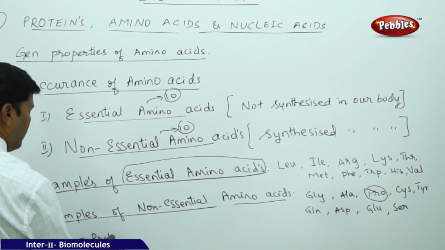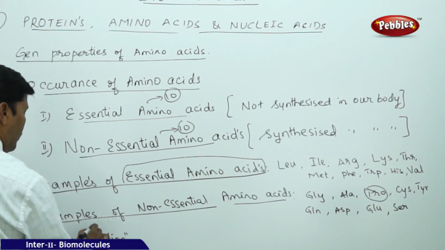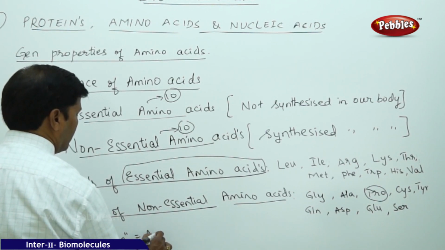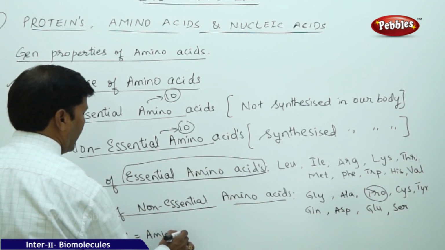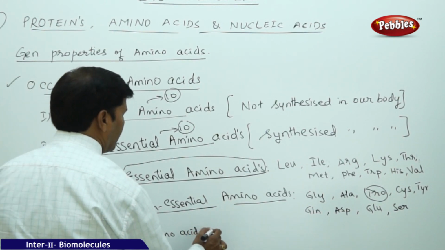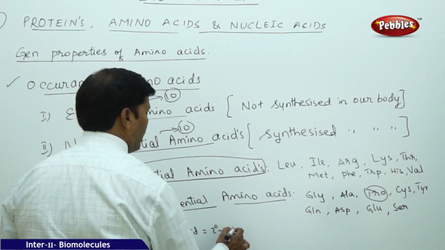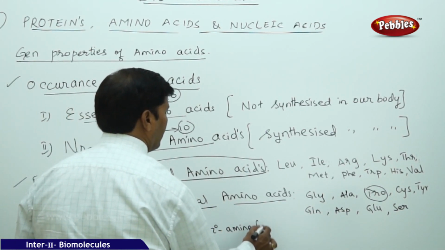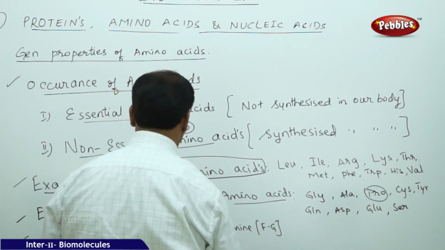Proline is the only amino acid which contains a secondary amine as the functional group in its structure.